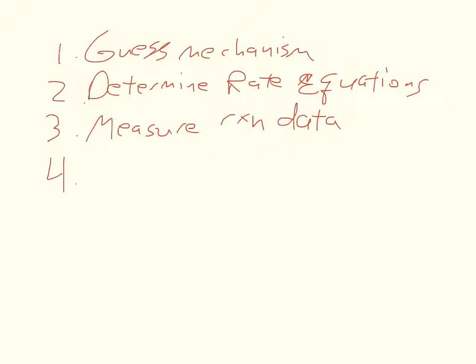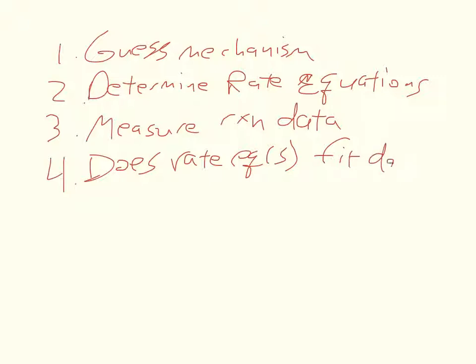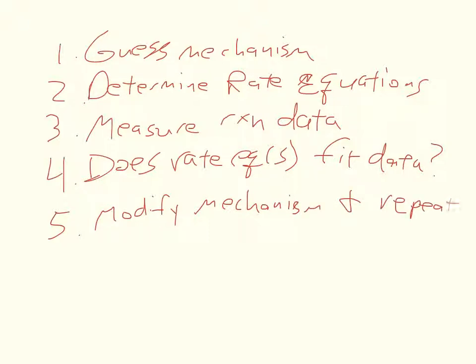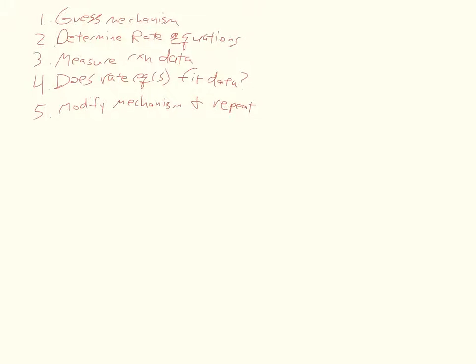Then we ask the question, does our rate equation or rate equations fit the data? And we've done this before. We've fit our data to reaction rate equations. If it does, great. If it doesn't, modify the mechanism and repeat. So come up with a new rate expression based off of a new mechanism. And that's the general idea behind trying to analyze a system.